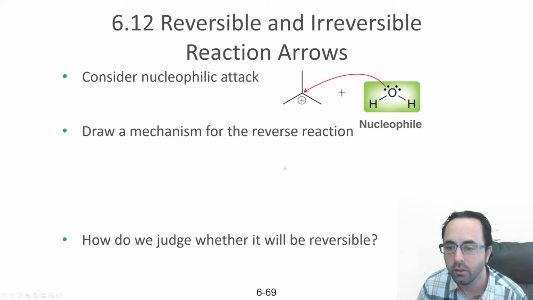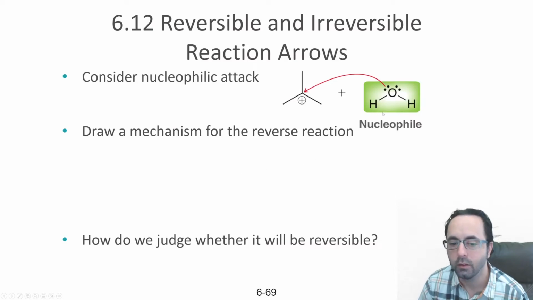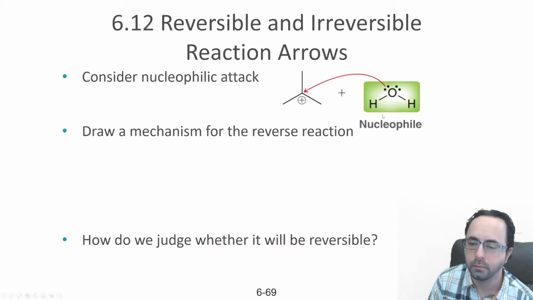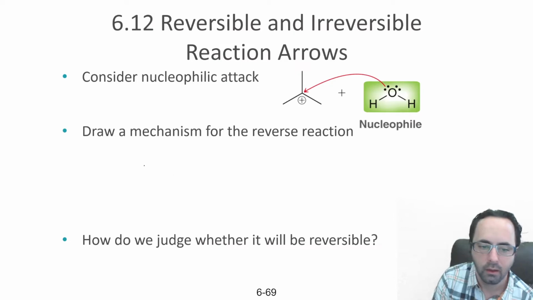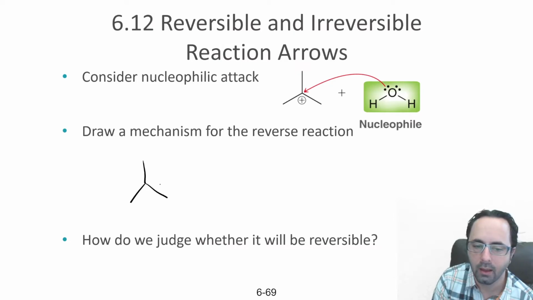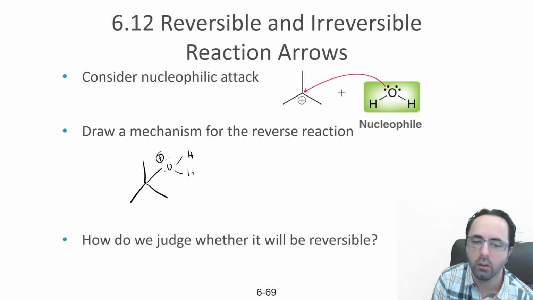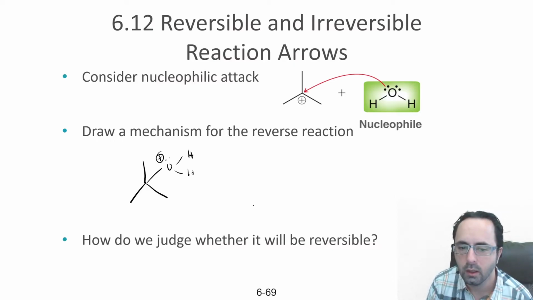With this nucleophilic attack here, here's another example. So we have a nucleophilic attack. The result of this attack here would be that now this carbon will be making 4 bonds. This oxygen will only have 1 lone pair and 2 bonds. This will have a positive formal charge to it.